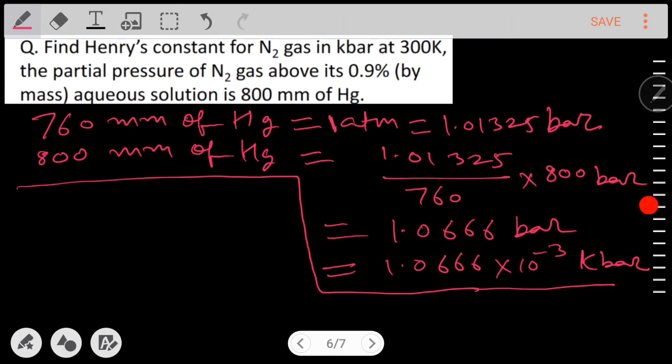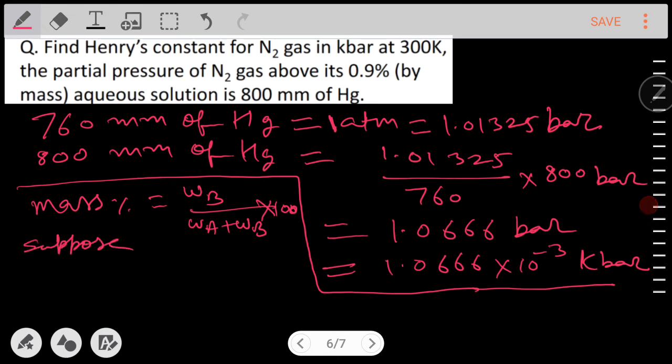Now the mass percentage of the solution is 0.9%. You know that the mass percentage is Wb upon Wa plus Wb into 100. I have to assume the mass of the solution in such a way that Wb becomes equal to the mass percentage. So suppose Wa plus Wb is 100 gram, means the solution is taken as 100 gram.